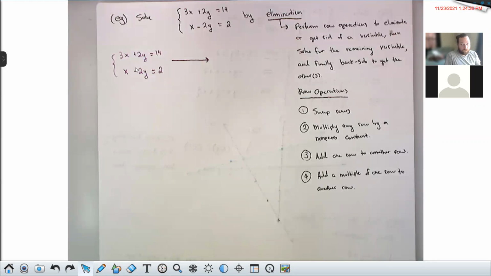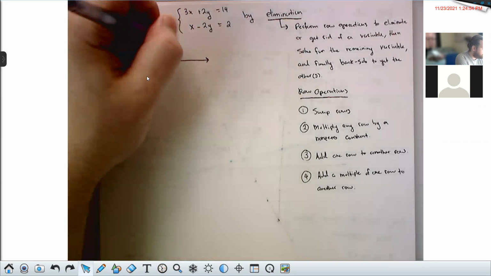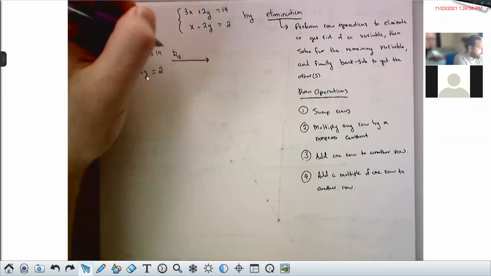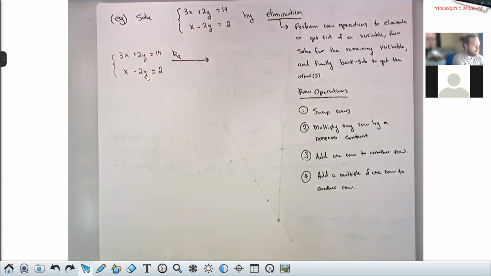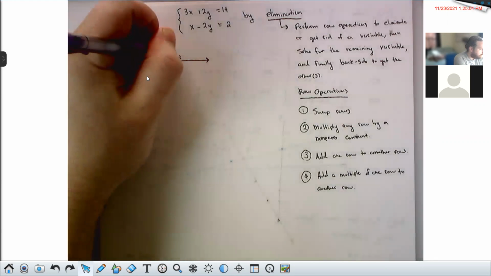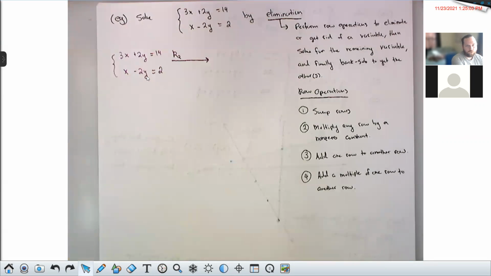So you could do either one. We could multiply through row 2 by -3, and then in a separate step, add row 1 to row 2, and that would kill the x's. Or we could, as our very first operation, just add row 1 to row 2, and that will kill the y's. Let me do that, and let me show you the notation. I'm going to think of this as being a modification to row 2. So capital R means new row.